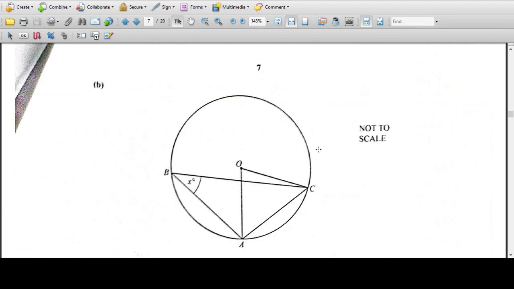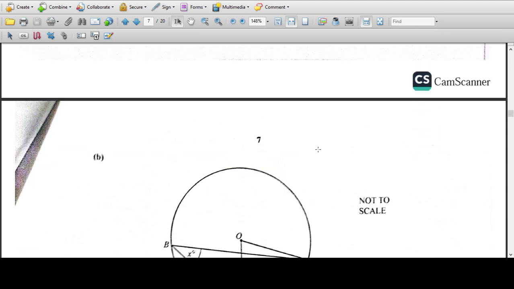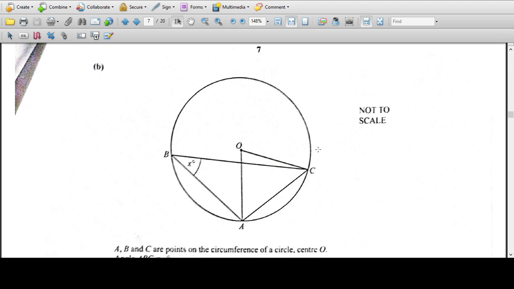Now question number 6 part B of this question. Here we have a circle, and we have some interior. This OA is the radius, OC is the radius, BA and BC are lines.